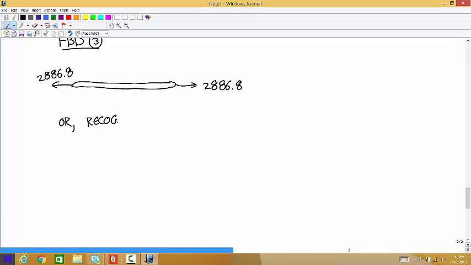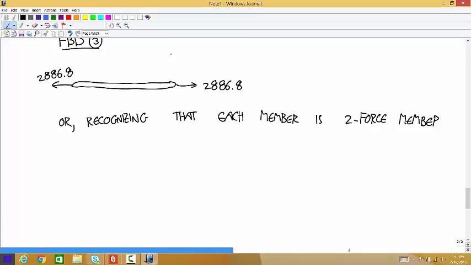if you recognize that this is a truss, or recognizing that each member is a two-force member, then we can just isolate the pins and treat those as particles.